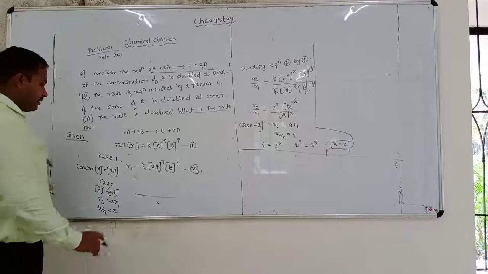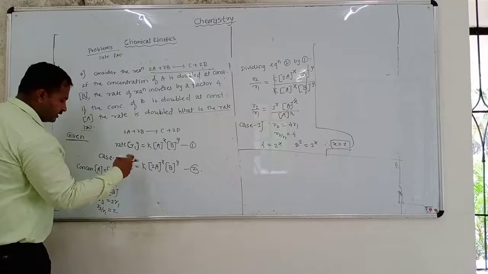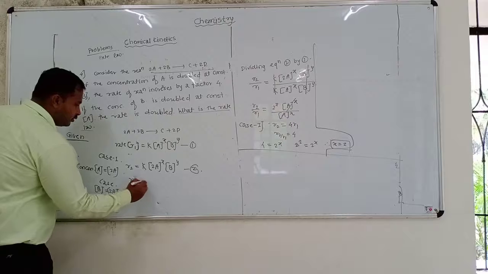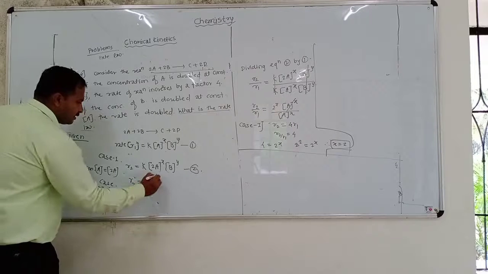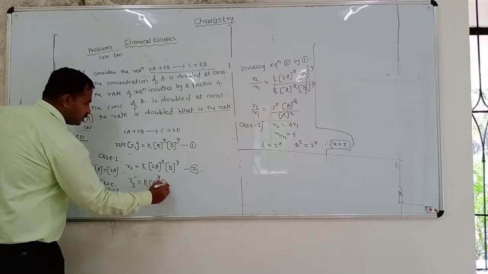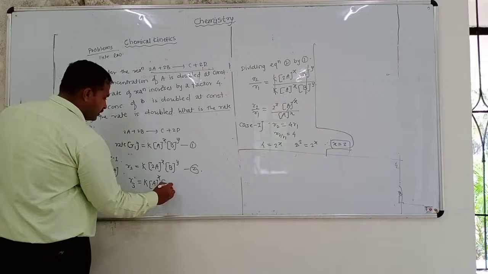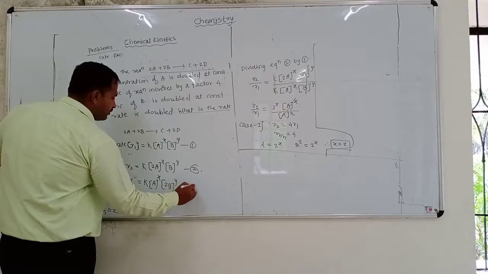Now put this in the equation. In this case, if we put the concentration of B equal to 2B, R3 is equal to K into concentration of A, which is constant, raised to X, and concentration of B equal to 2B raised to Y. This is equation number 3.